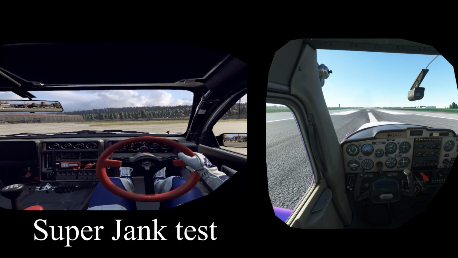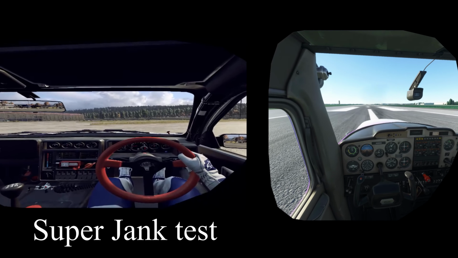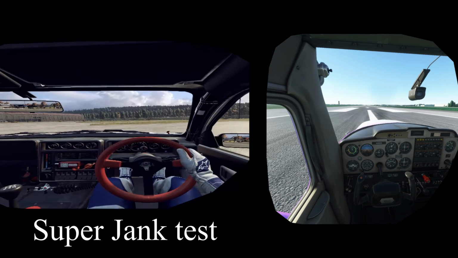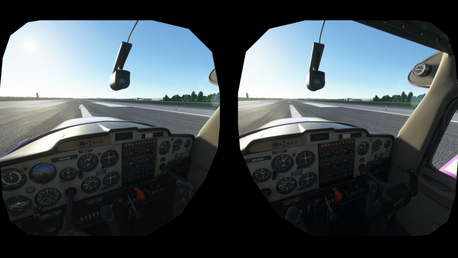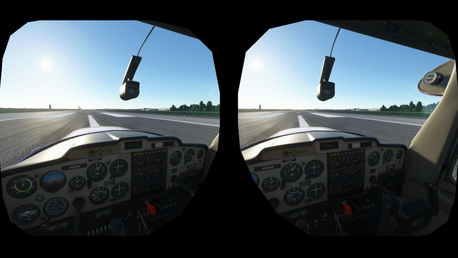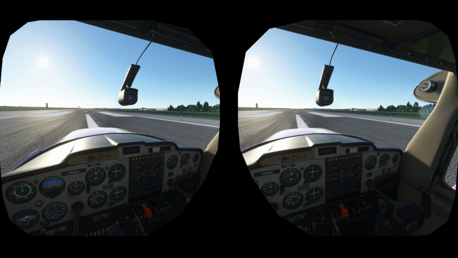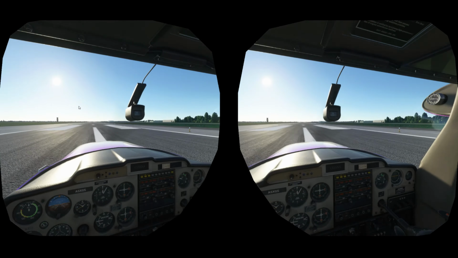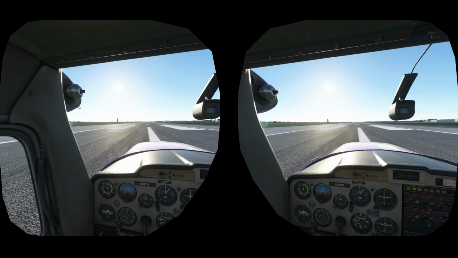I was just comparing the footage, and it got me thinking that I really don't understand what's happening inside of Microsoft Flight Simulator. I was sitting there inside the plane, moving my head around and thinking more deeply about what could be causing this, and it got me thinking that maybe it had nothing to do with this tilting motion. It's just that when you tilt your head in that manner, that's when you perceive it a bit more, but maybe it had something to do with the translation of your head itself.